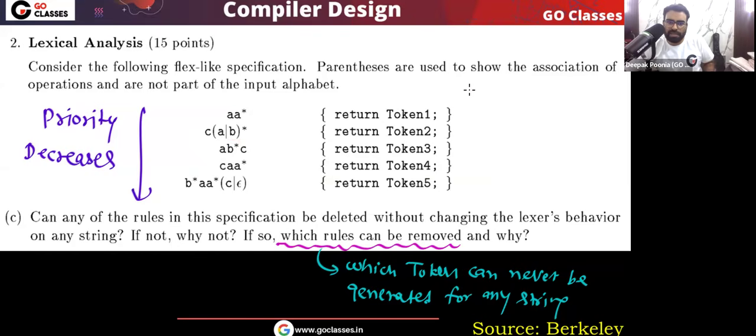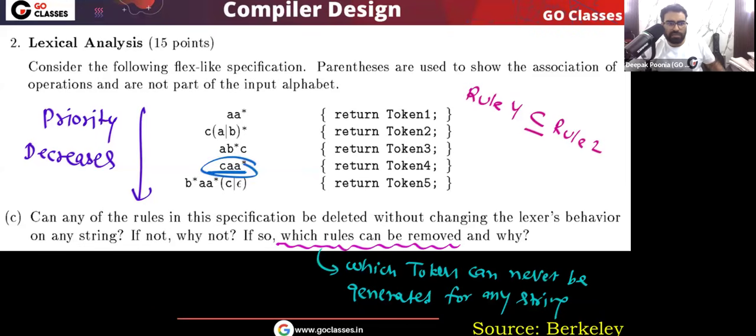Tell me. See, the rule 4 is a subset of rule 2. Do you agree with me? Every string that is there in the rule 4, that is also there in the rule 2. Do you agree with me? Every string that can match rule 4, that will also match rule 2. Agree? Okay, in this rule 4, we have strings like CA, CAA, C triple A, C4A.